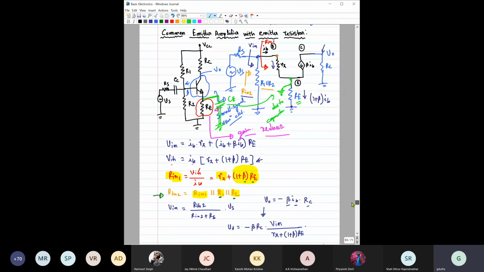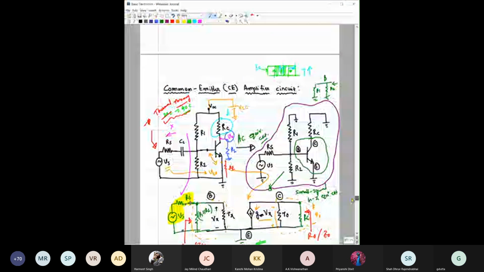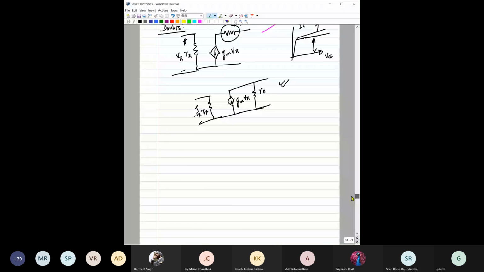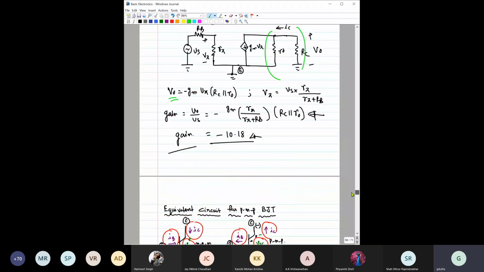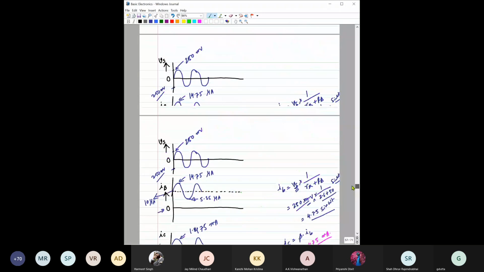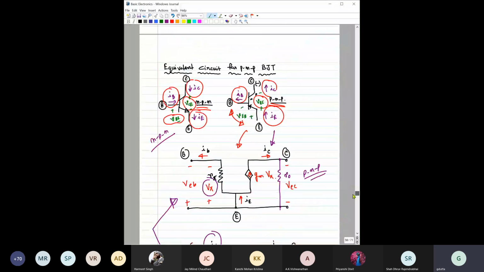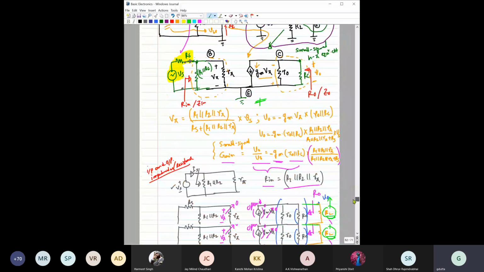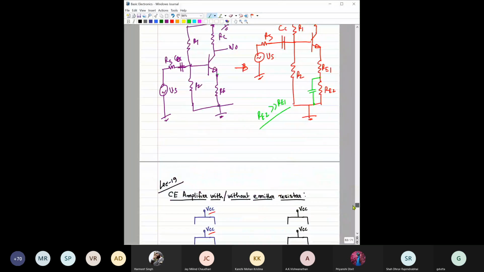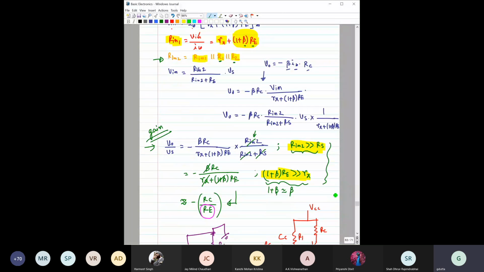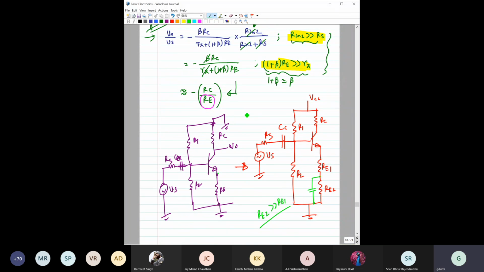Yes, I think I have drawn it. Just give me a minute. I think it is after that. Yeah, it would be similar to this circuit.